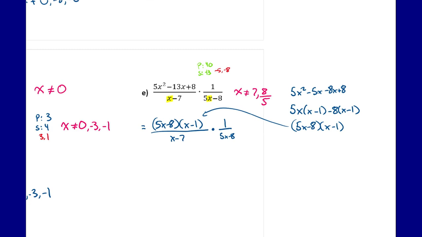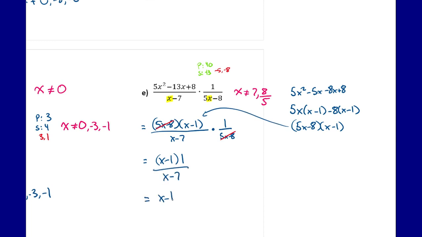Again, the nice thing is I don't have to restate any restrictions because I don't have any new factors in the bottom. I haven't factored anything, it's staying the same. So I can go into canceling things out. I can cancel out this 5x minus 8 on the bottom and on the top. So I'm left with x minus 1 times 1 divided by just x minus 7.